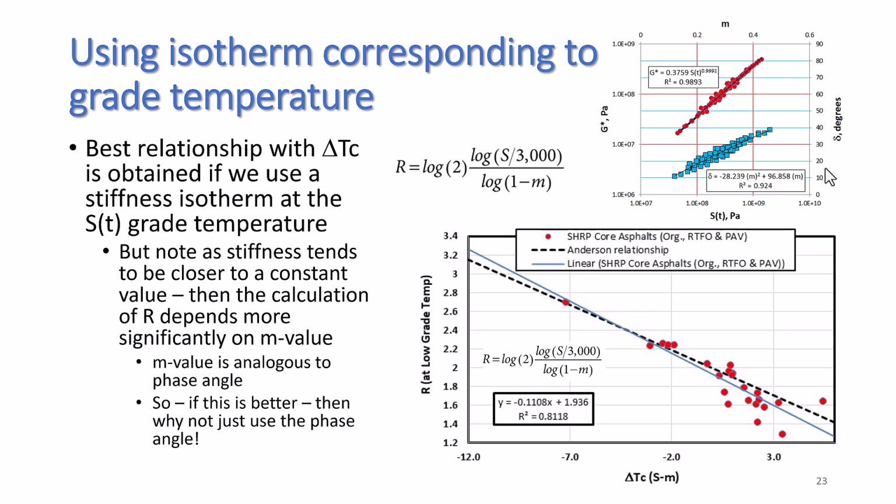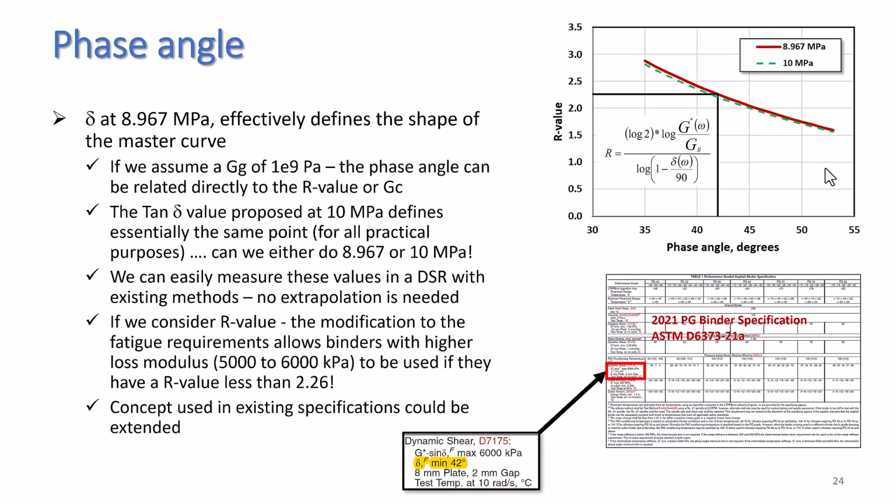And this was the approach that Pavel Christensen suggested. Pavel suggested in 2020 in his CTAA paper that if we took the delta value at 8.967 megapascals, effectively that describes the shape of the master curve.